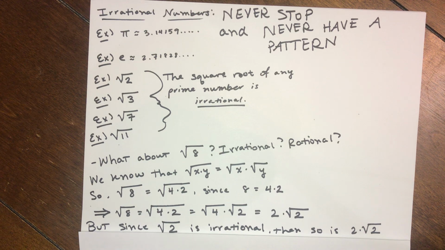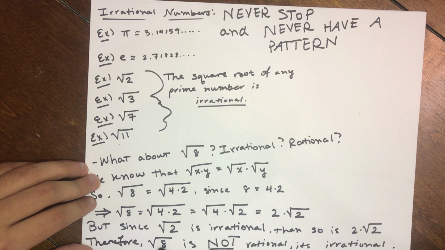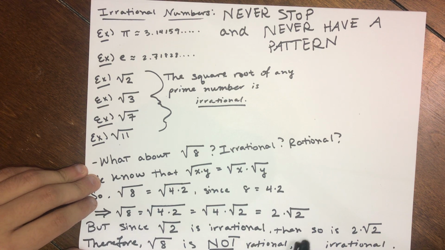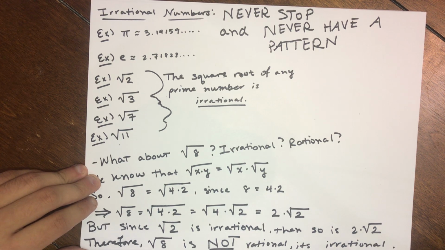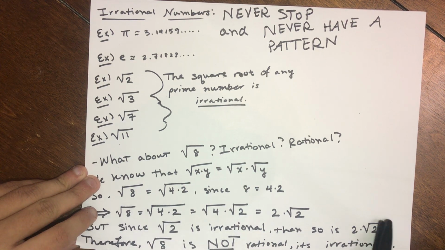So if you take a number that goes on forever and you multiply it by 2, you're just going to end up with twice a number that goes on forever and doesn't stop. So you're just going to have another irrational. And so we say therefore the square root of 8 is not rational. The square root of 8 is irrational, because we can simplify it to get twice the square root of 2.